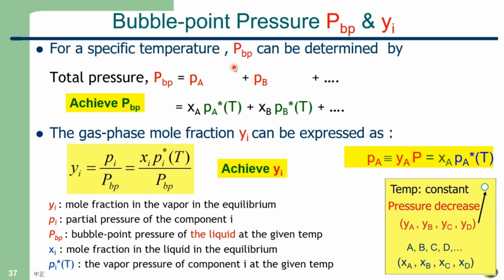But to get the bubble point pressure, there's no problem. The answer is straightforward. And then you just apply Dalton's law and Raoult's law. You will get the rest of the unknowns, such as molar fraction and the partial pressure.